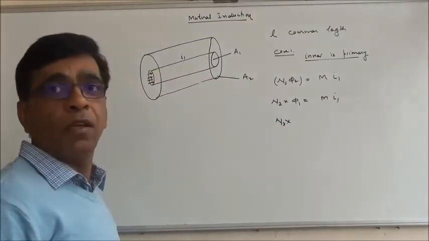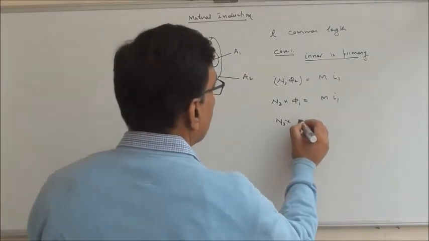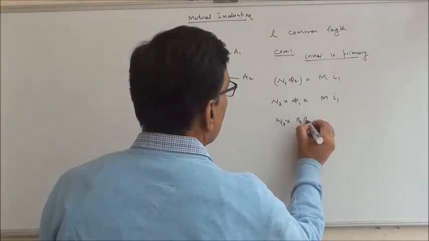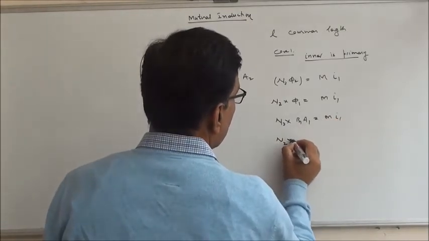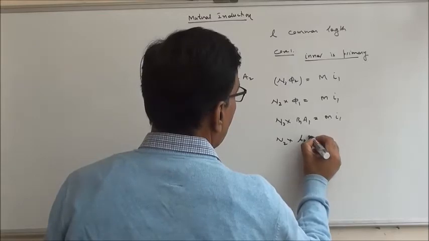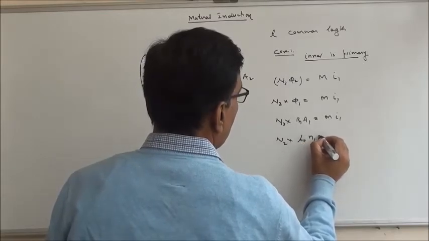N2, now phi is B into A, so B1 A1. B1 is the magnetic field, mu naught N1 I1.